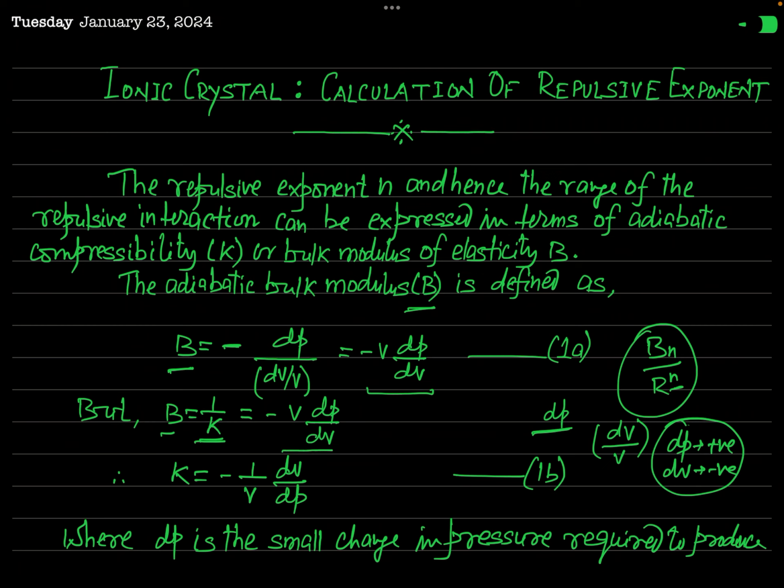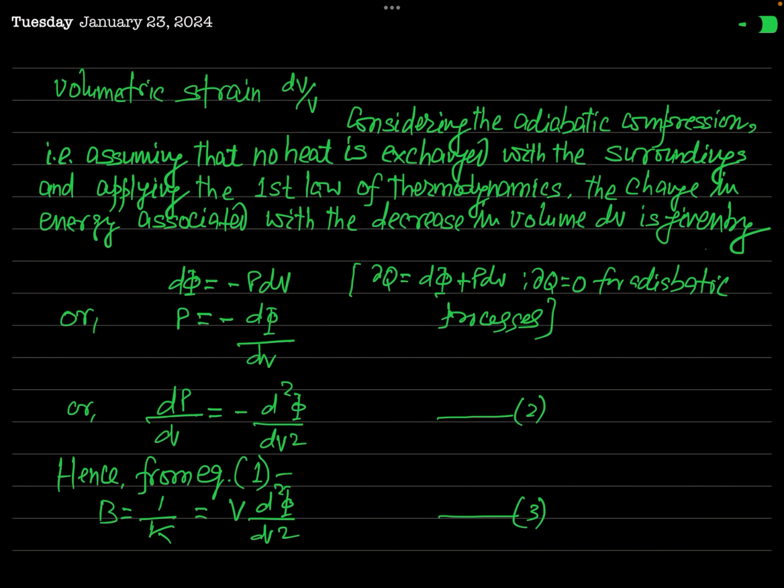Or if your aim is to express K, you can express it as K equal to minus 1 over V times dV by dP. As I have told you, this dP is the small change in pressure required to produce the volumetric strain dV by V, or this dP is also the measure of volume stress.